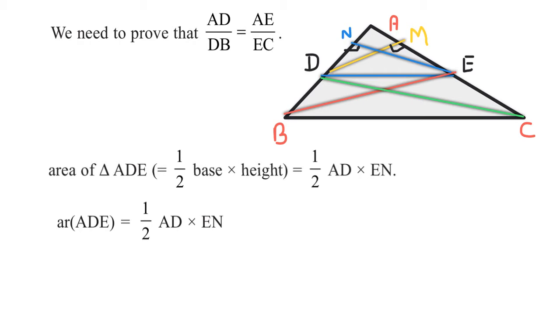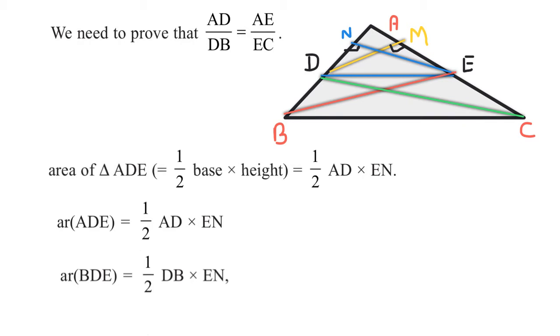Now let's move further. What will be the area of the triangle BDE? It will be half base, which is BD, times the height, which is EN. So the area of the triangle BDE will be half DB times EN. Now coming to the triangle ADE again. If I take AE as the base, what will be the height?